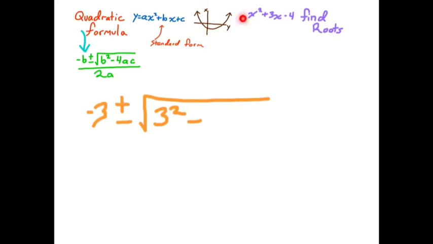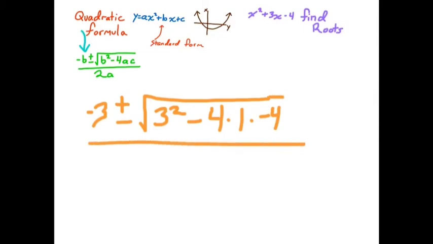So the a value would be 1 and the c value is negative 4, so we got minus 4 times 1 times negative 4. Let's extend that line over there. All divided by 2a.